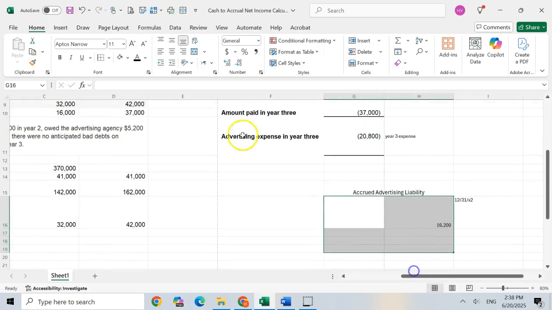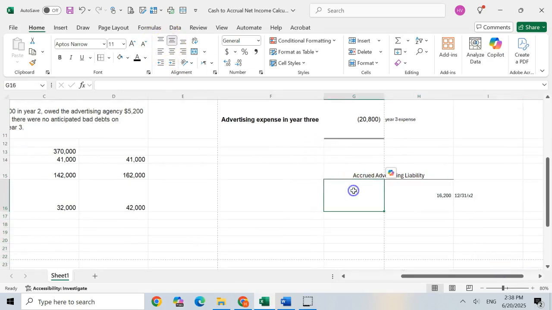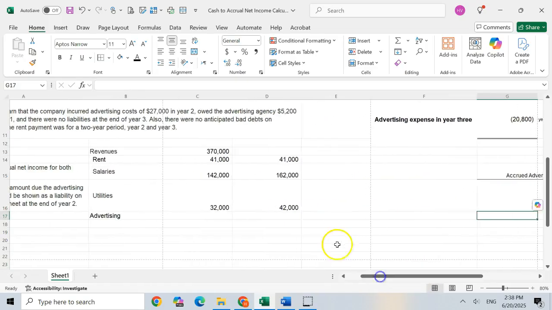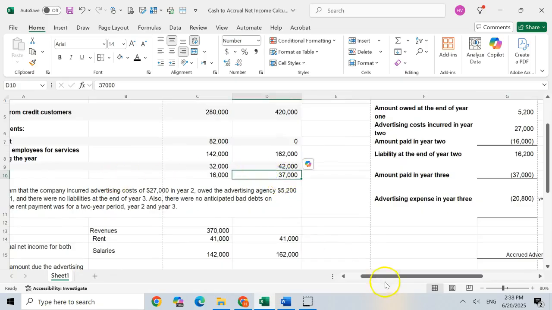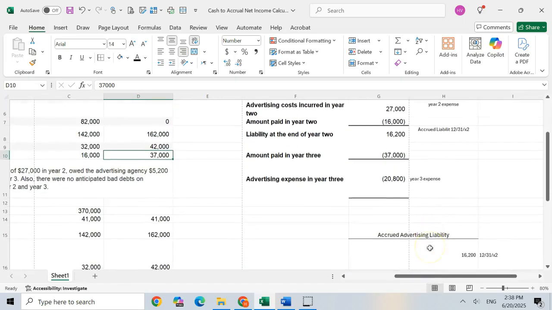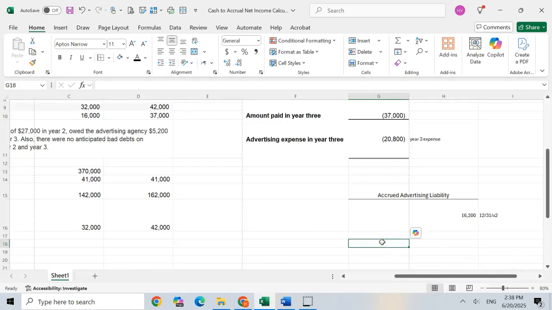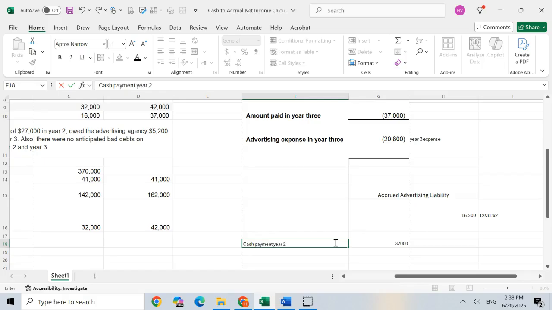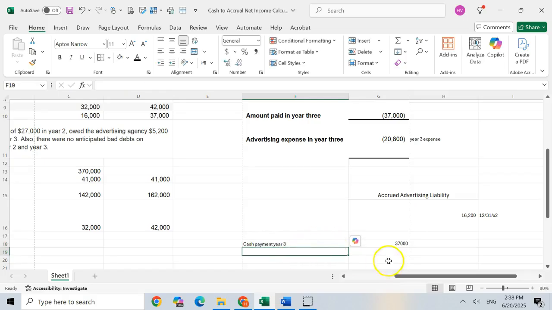And we know that in year 3 there was a cash payment made for advertising. We were told that it was $37,000, which would reduce our accrued liability. We would debit accrued liability by $37,000 and we would credit our cash. So the cash payment in year 3 was $37,000.